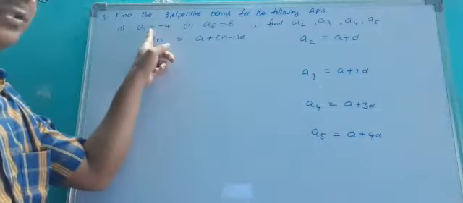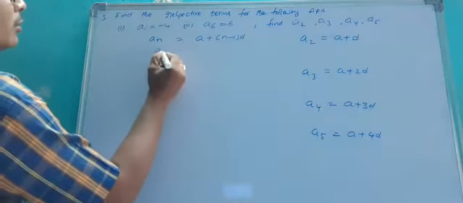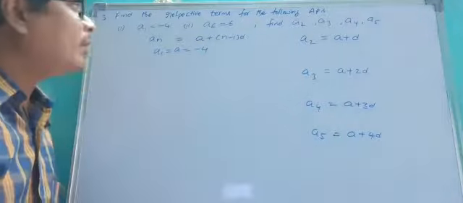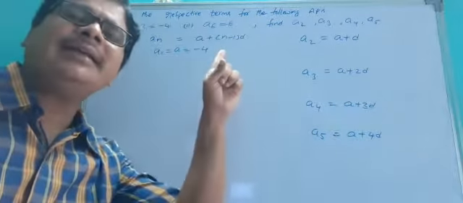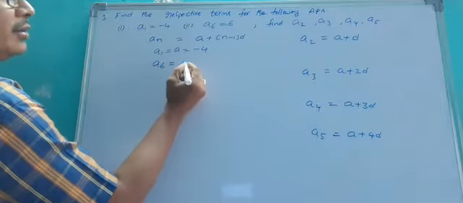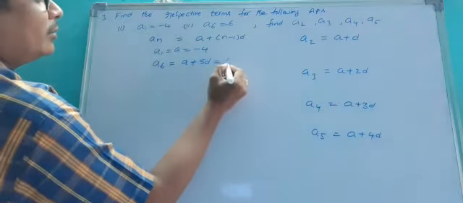Already the first term is given, that is A1. A1 equals A equals minus 4. We got the A value already. Now we have to find D. One clue is there, that is A6. A6, the sixth term, is A plus 5D equal to 6.